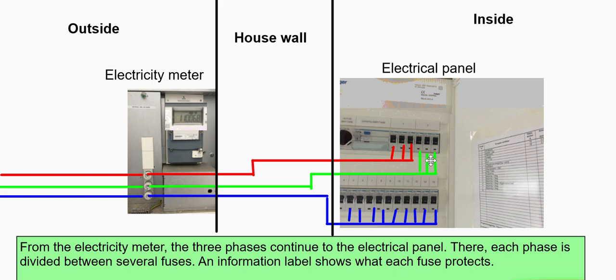If a switch is up, the power is on. If a fault occurs, it flips down. You can see which switch controls which room on this map here, like the kitchen or upstairs.